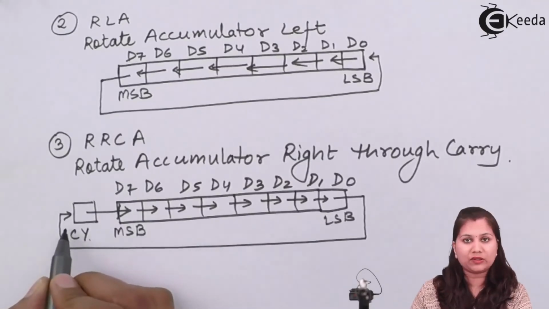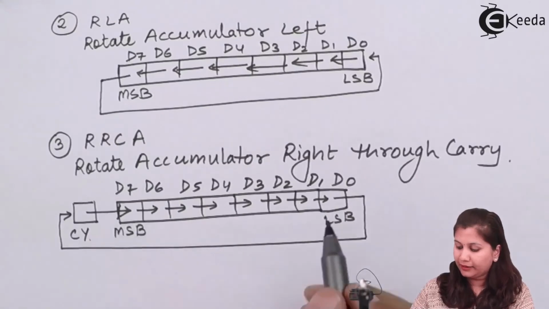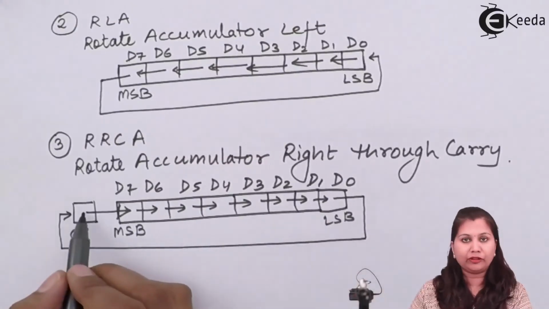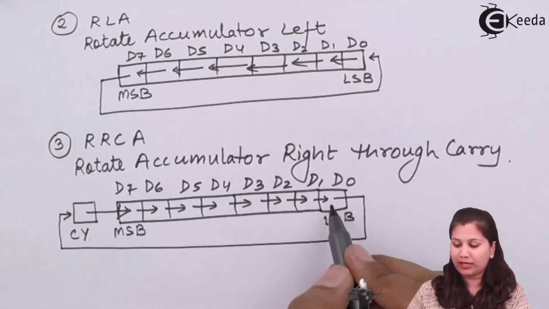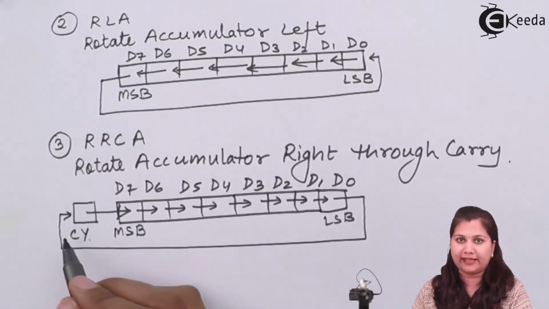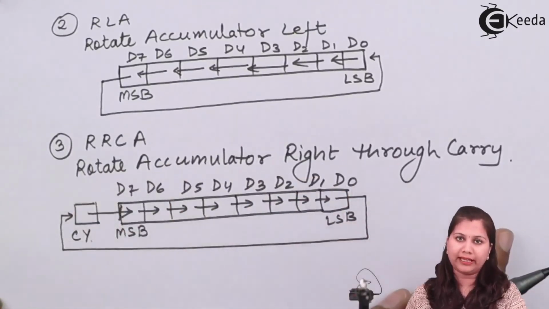Suppose the carry flag is 1, so 1 will become the MSB. And whatever D0 is, suppose it is 0, the carry flag will become 0, meaning it is reset. If the D0 bit is 1, it is shifted into the carry flag and the carry flag will be set. So here rotation is done, but through the carry flag.